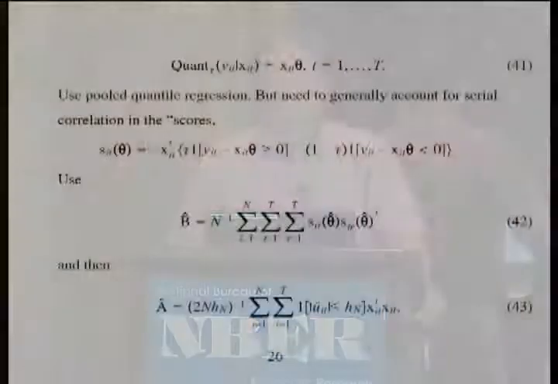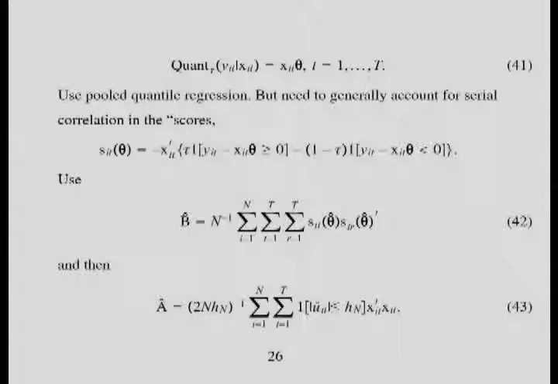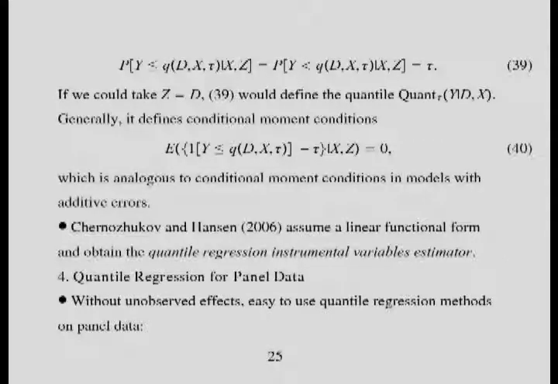Okay, I'm not going to say too much about the panel data case here, but let me just highlight a couple of things. If we just want to do quantile regression on panel data and not explicitly introduce unobserved heterogeneity, then of course using the data pooled across i and t is conceptually quite straightforward. We might put in time effects or whatever to allow the quantiles to shift over time.